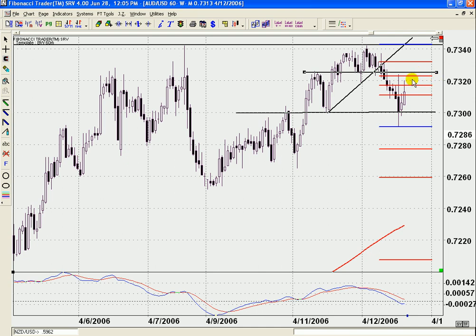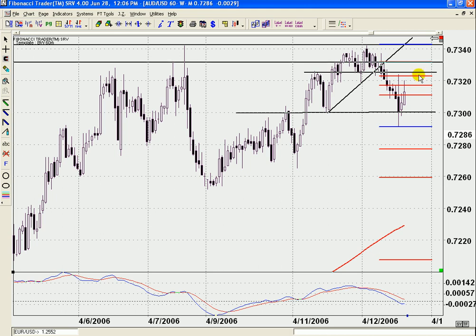And this level could be a good area to make a short trade. I would say anywhere between, let me show you the numbers here, 73.25 and 73.32.